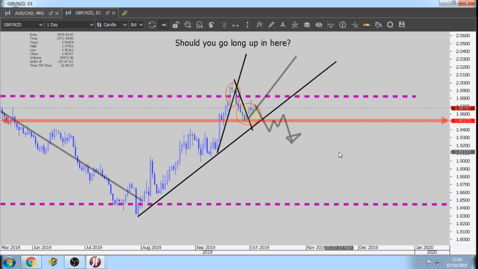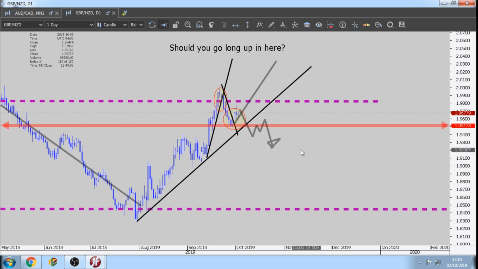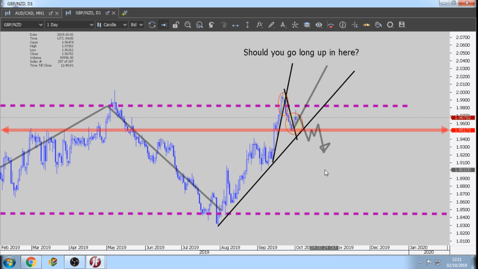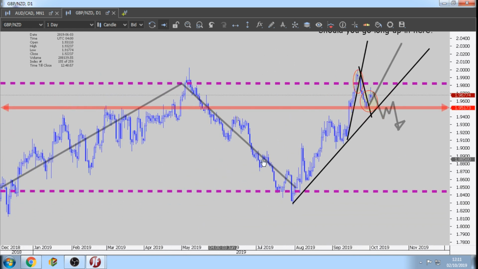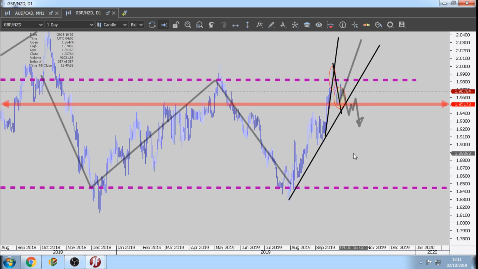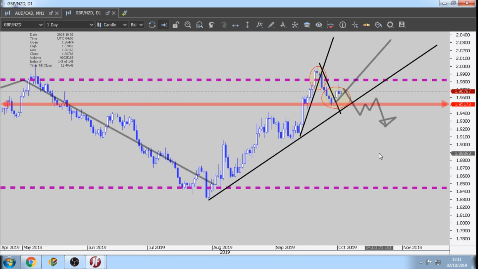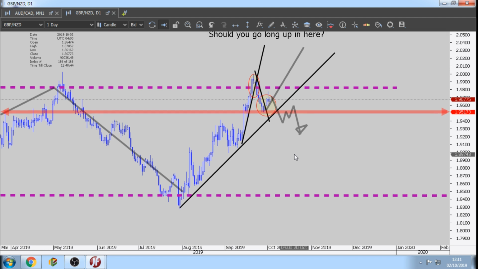But if you want to calculate how many reasons you have to sell and how many reasons you have to buy, okay, you have more reasons to sell, technically speaking, right? And one of the big ones is this sideways channel. Okay, everybody, any questions about GBP NZD?